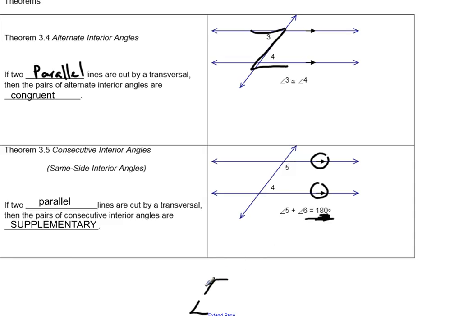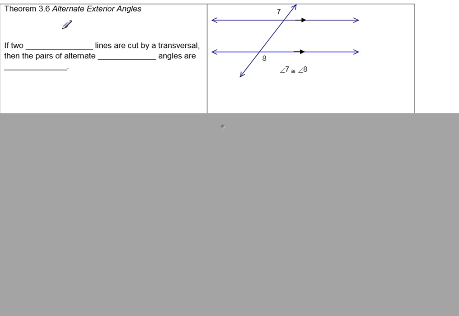Does this obtuse angle look like it would equal this acute angle? There's no way this obtuse angle and this acute angle equal each other. Just like a linear pair, when you have this acute angle here and this obtuse angle here, they don't equal each other. Their sum is 180 degrees.